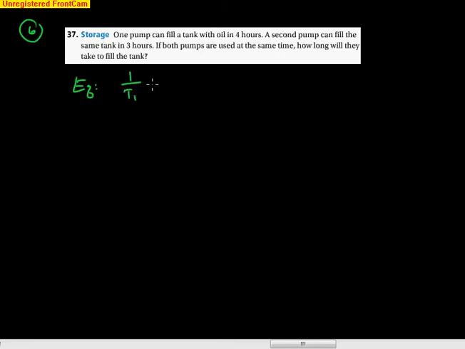1 over T1 plus 1 over T2 equals 1 over x. Okay, and I'll say T1 is time for the first pump. Maybe I should put P's. I'm sorry. So let's call this P1 and P2. So P1, time for pump 1.